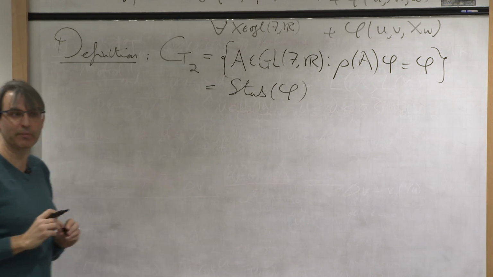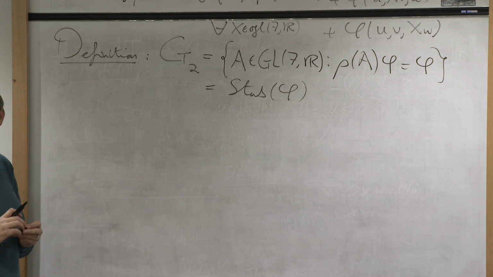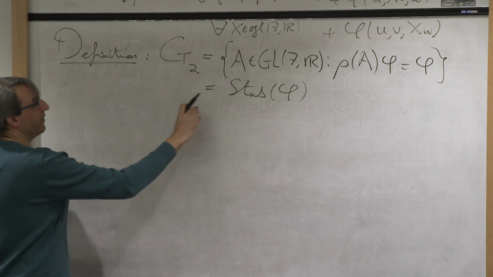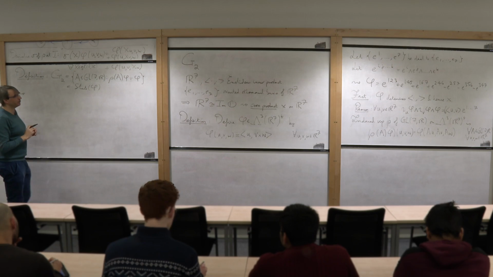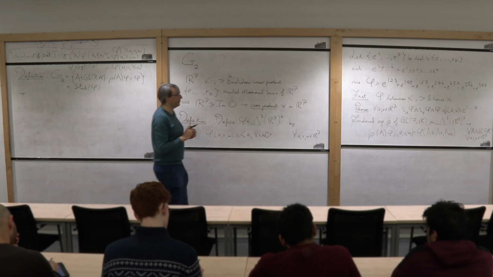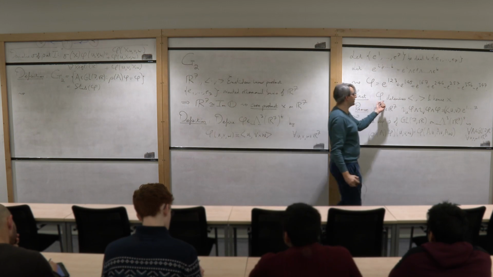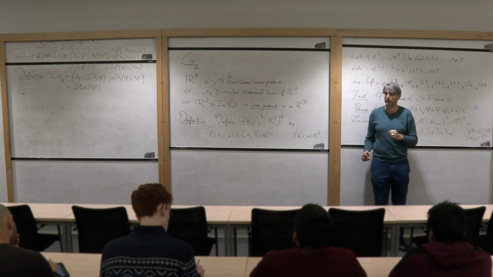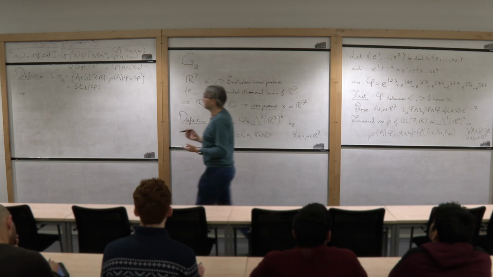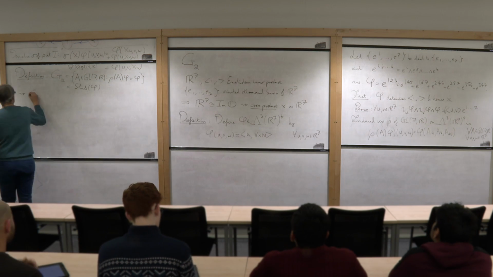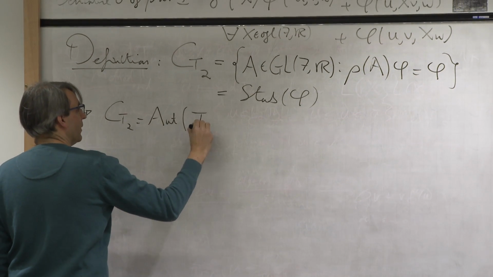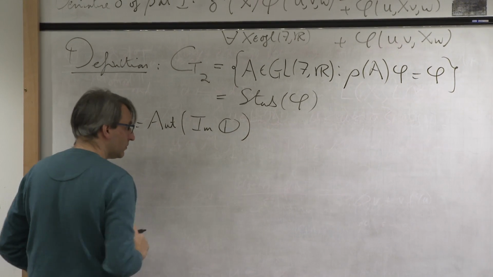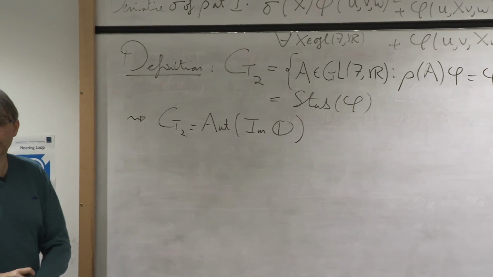We're doing group theory, so we should remember what stabilizers are. Because of the fact I mentioned, that preserving phi is exactly the same as preserving the cross product, G2 is in fact the automorphism group of the imaginary octonions. It's the set of things that preserves the octonionic structure.